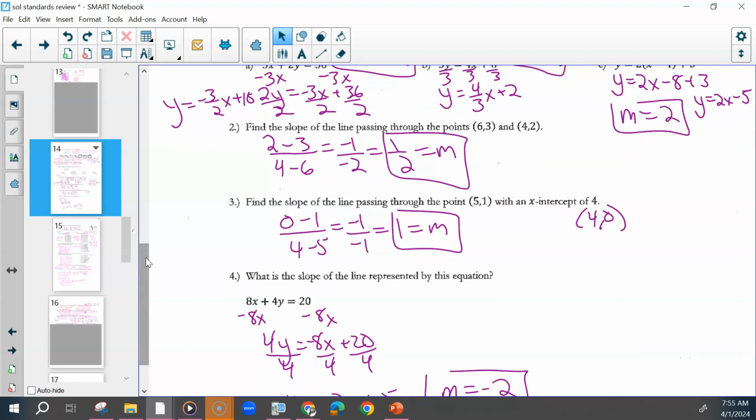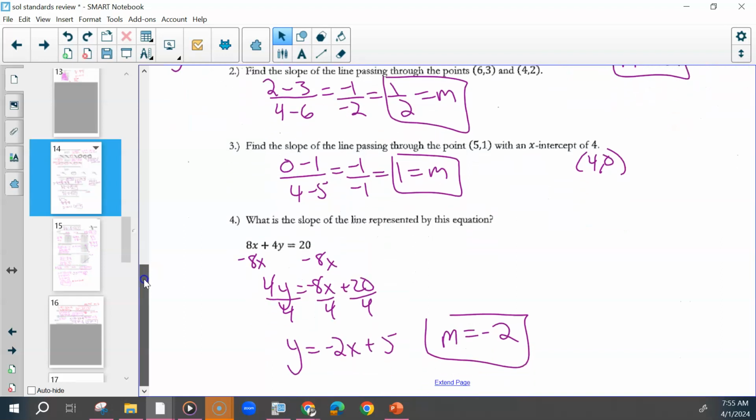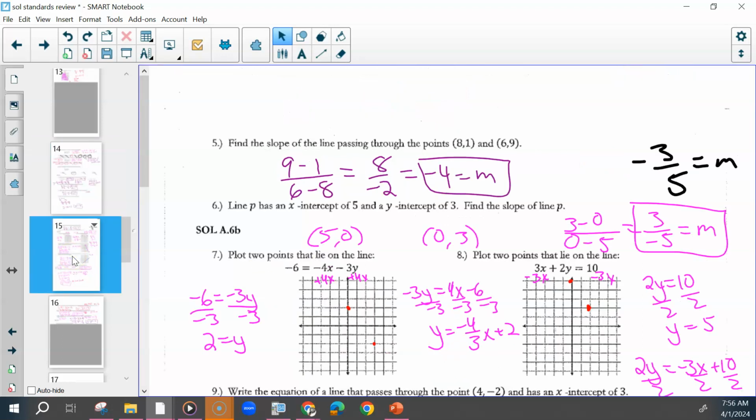And then I'll slow down this. And then when you're ready, go on to the next page. Five was negative 4. The slope for 6 was negative 3/5.